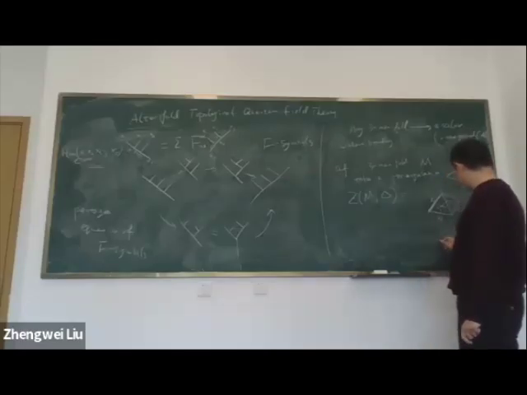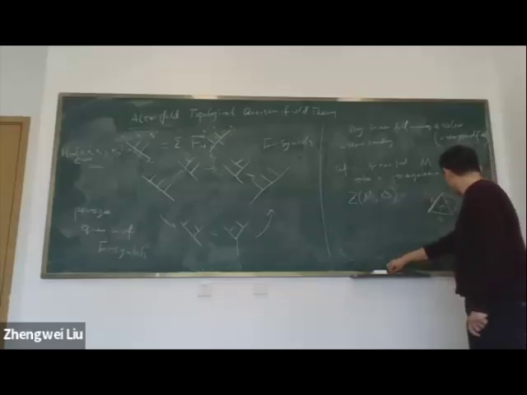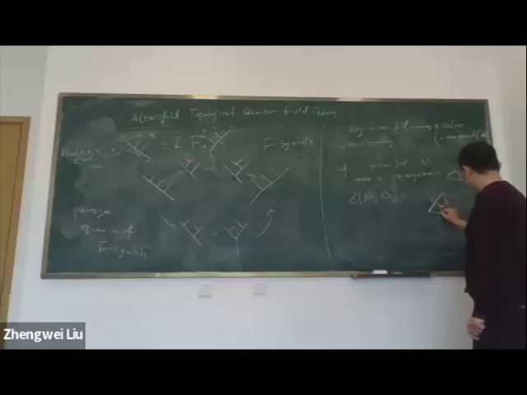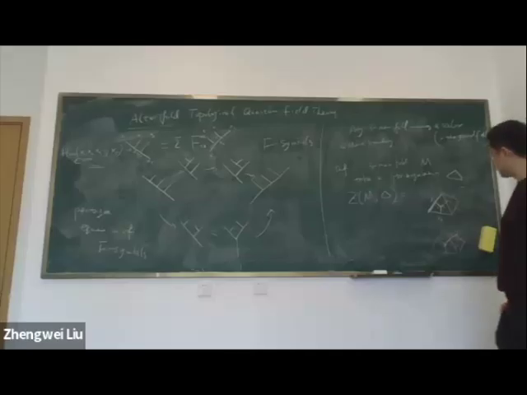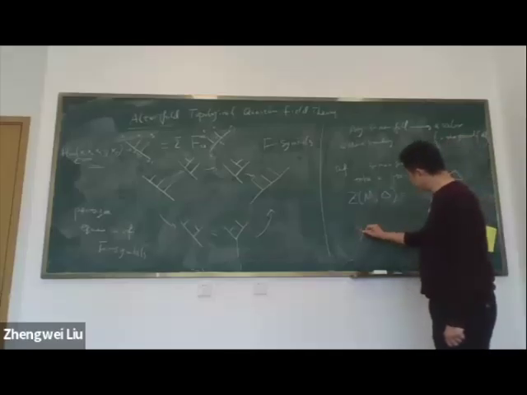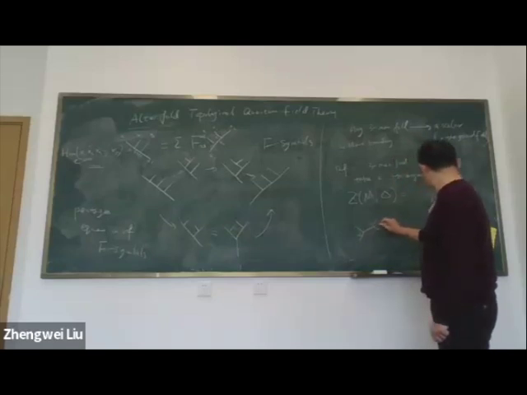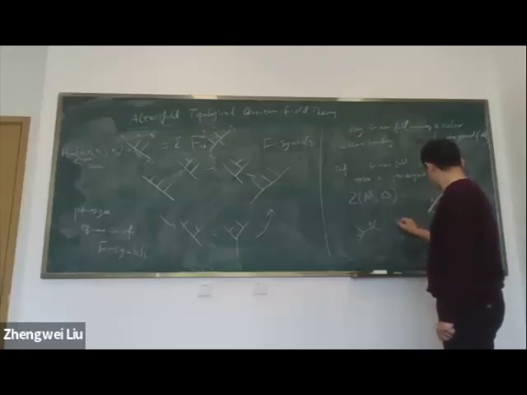And if we draw this still graph, so in principle, we can consider that as the inner product between alpha beta and beta gamma.